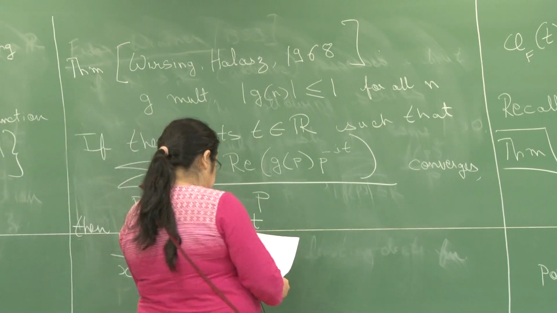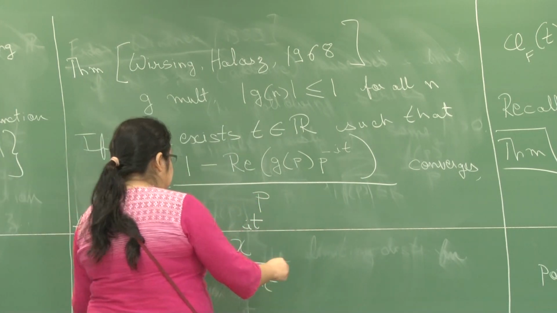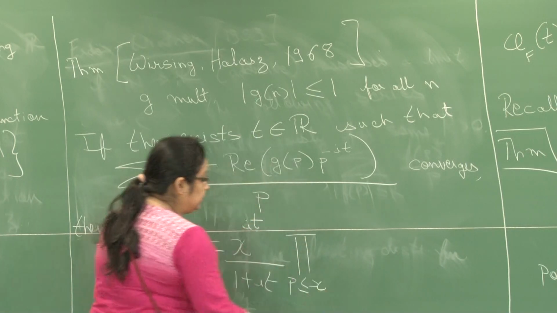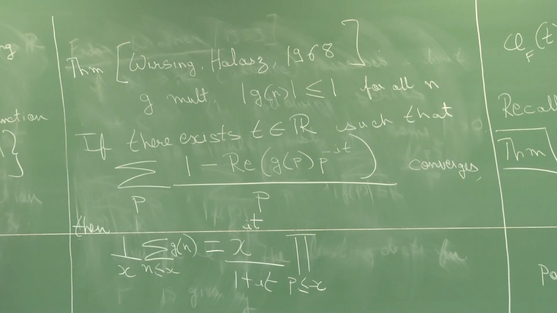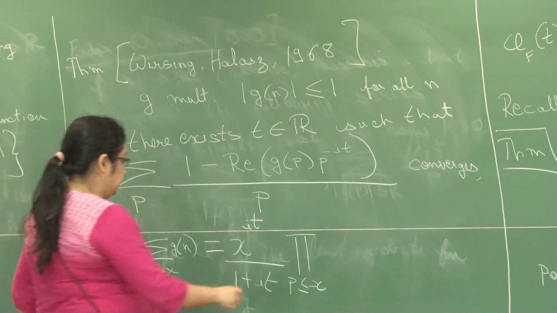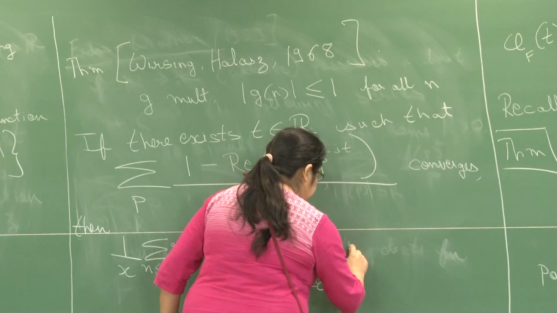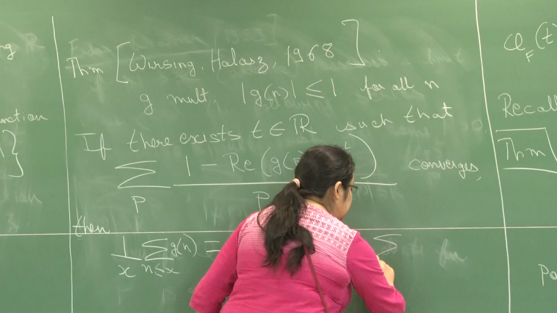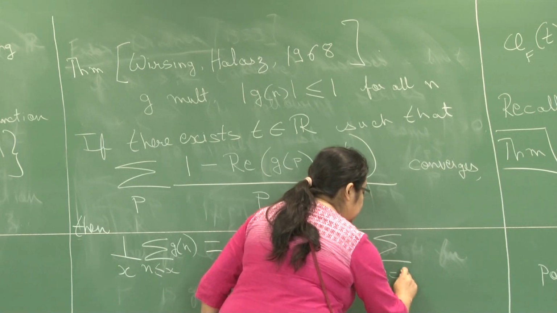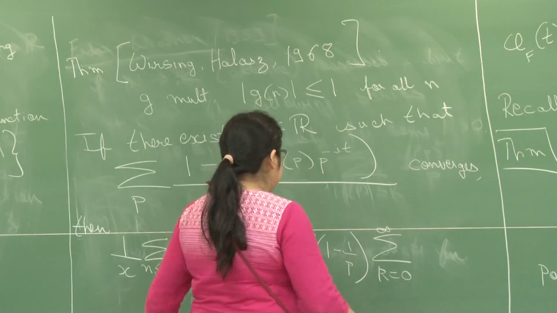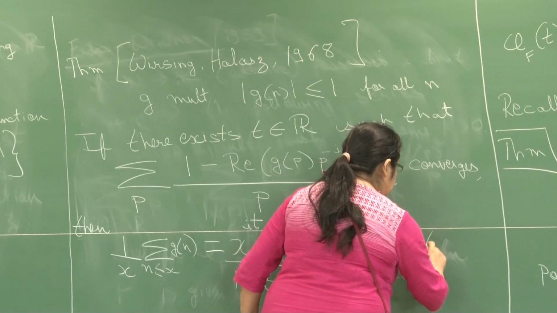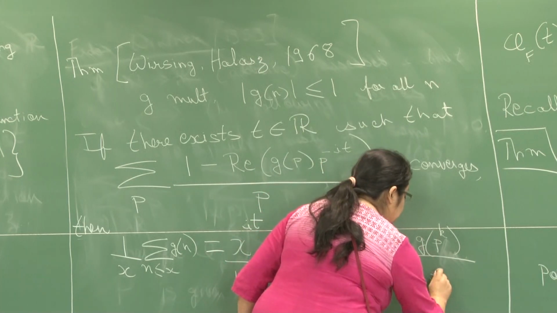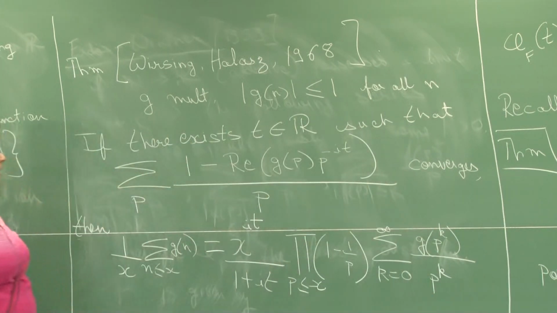So, you have x to the i t over 1 plus i t times the product, which is exactly the product that came up in Delange's theorem, times the summation k going from 0 to infinity of g of p raised to the k over p raised to the k.